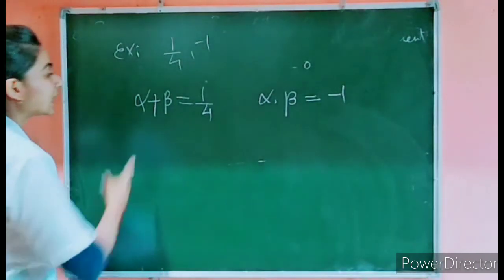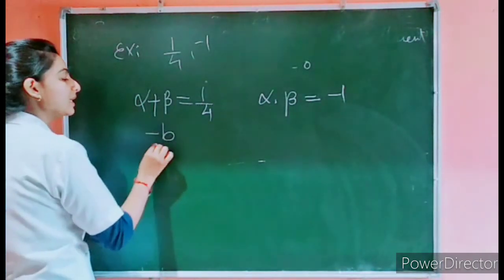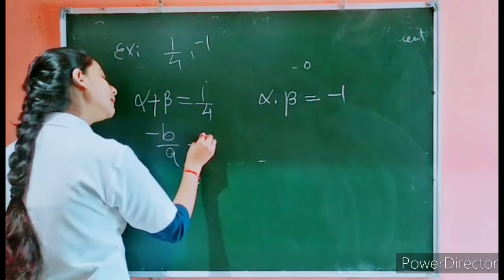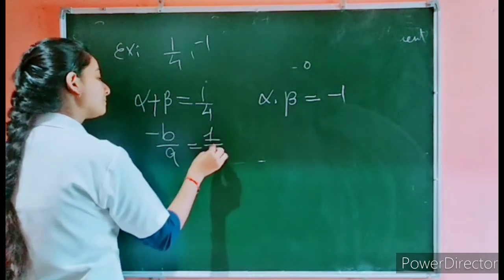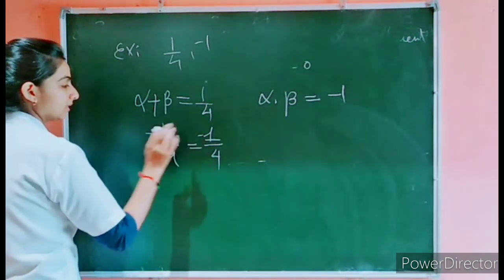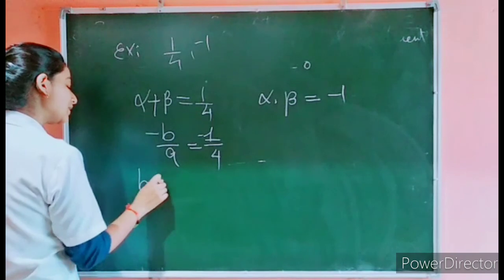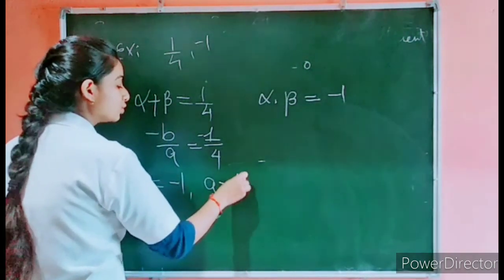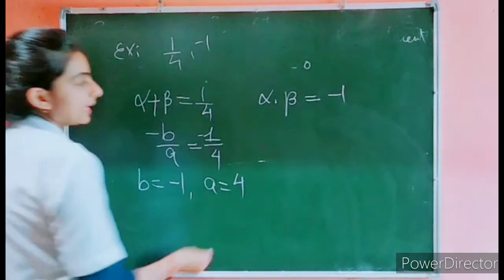So we know that alpha plus beta is equal to minus b upon a. So 1 will be minus 1. So b is equal to minus 1, a is equal to 4.